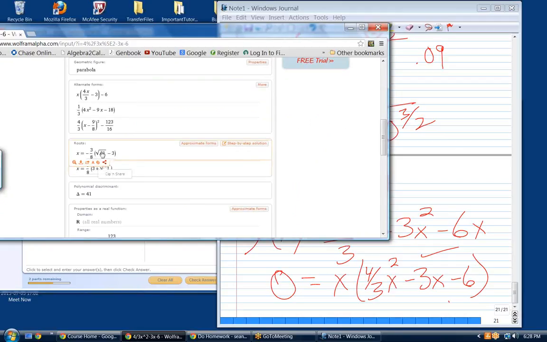Wow. Those are my two zeros. So there's 3 zeros to the derivative of this function. There's a 0 at 0, there's a 0 at this point, and there's a 0 at this point.